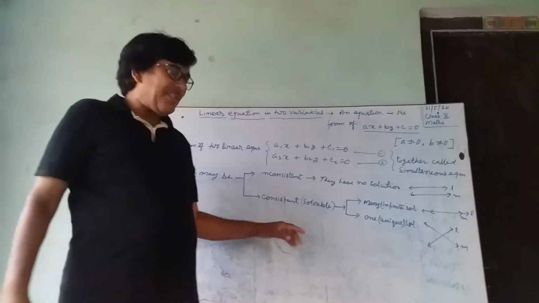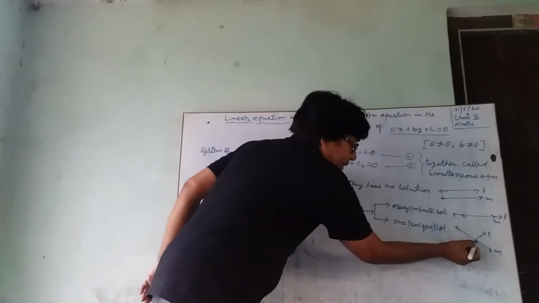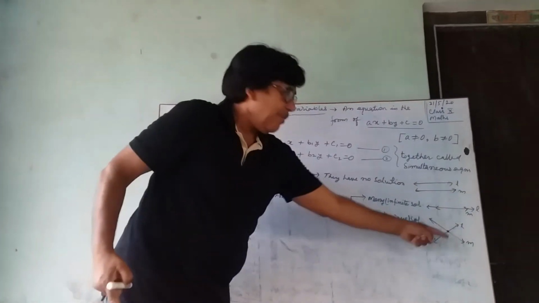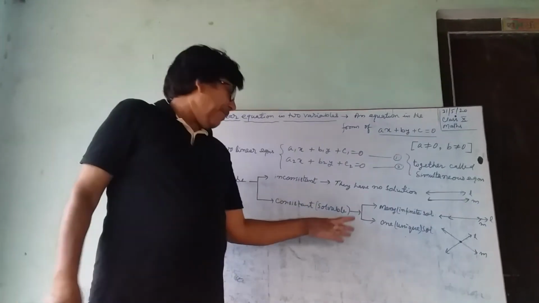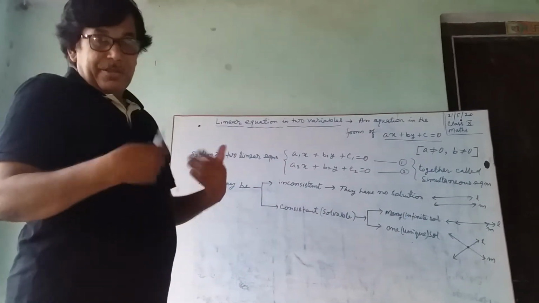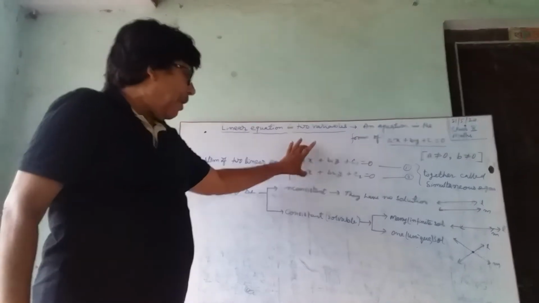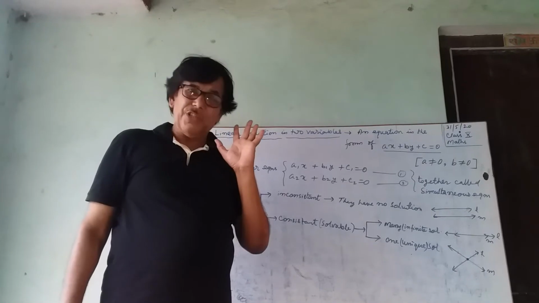And if it is consistent and the lines cut at one point, the coordinates of the point of intersection of the two lines will be the solution set. Next, we will see the conditions that determine whether the system of equations is consistent or inconsistent.